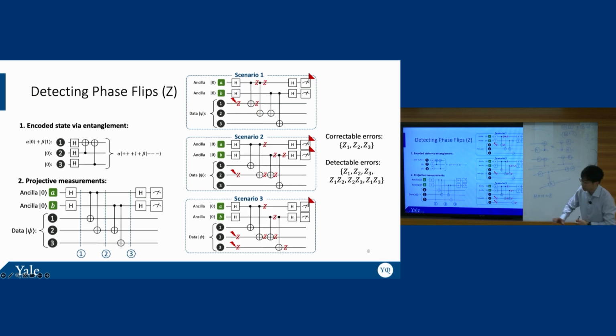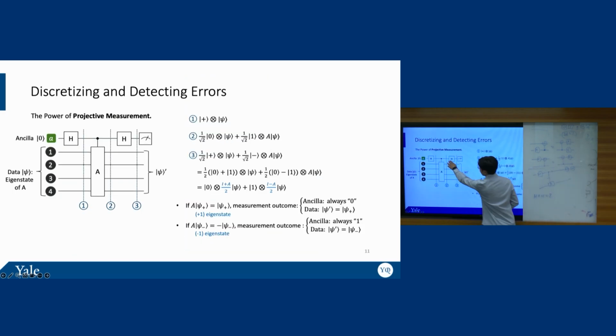For detecting phase flip, it's the same Hadamard with the control X. For the bit flip, it's the control Z. That's why I can generalize it to controlled A, where A is defined by Z or X. I did flash through the different kinds of circuits quickly, and they look different with the ordering of the CNOTs, but they are actually the same type of framework of projective measurement circuits with the controlled Pauli in this form.